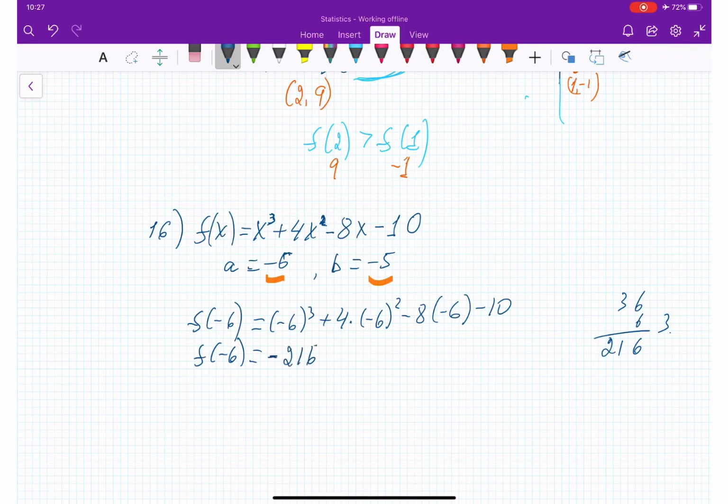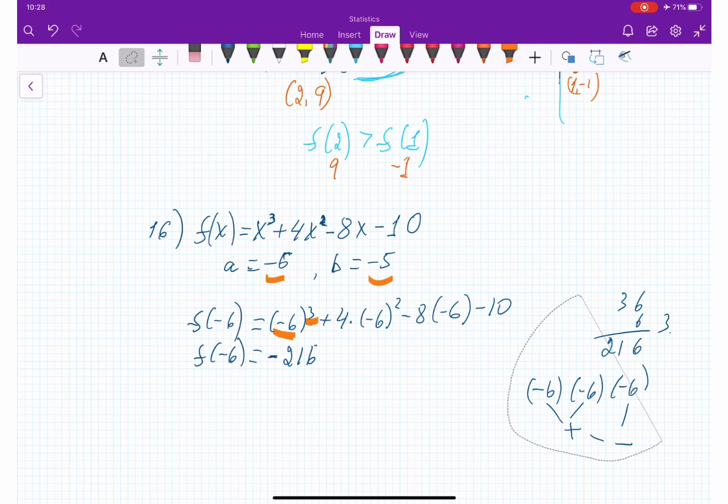Why negative? Because when the base is negative and the exponent is odd, the result is negative: negative 6 times negative 6 is positive, and then positive times negative is negative. One more time: if the base is negative and the exponent is odd, the result is negative. If the exponent is even, the result is positive.